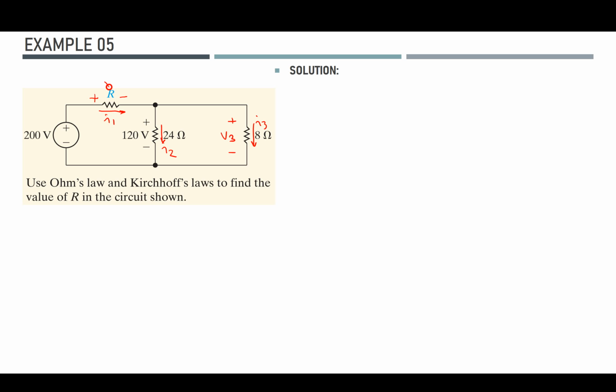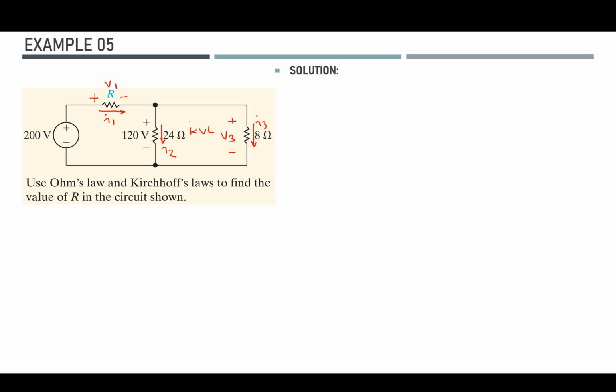Then I should have some V1 associated with this. So basically we can simply write down KVL in this mesh. We have two meshes, as you can see.